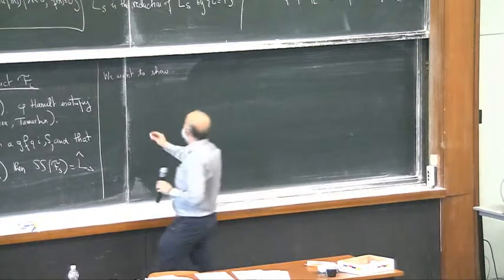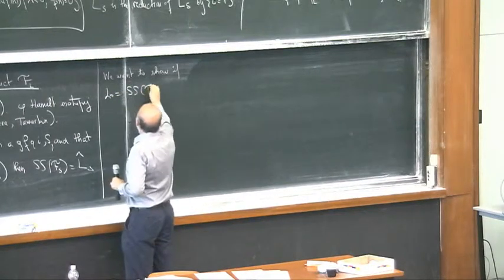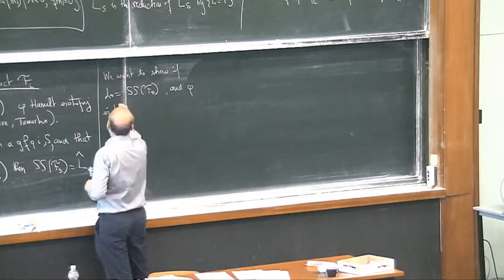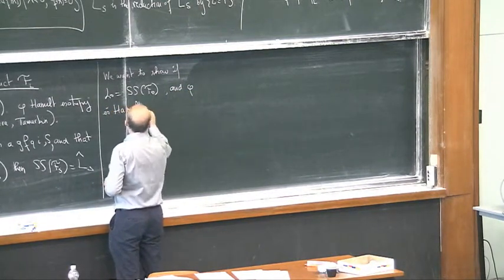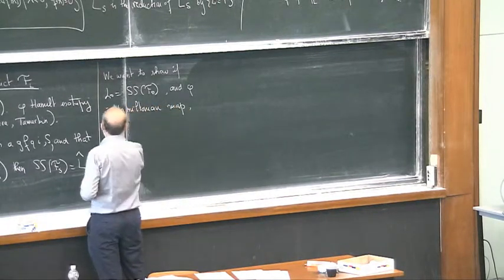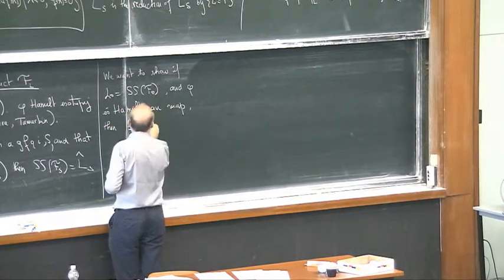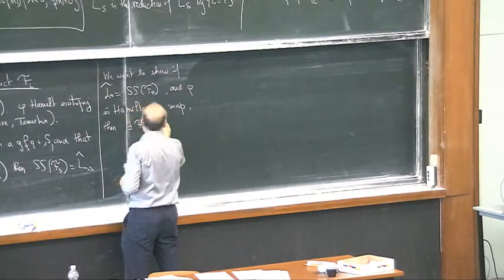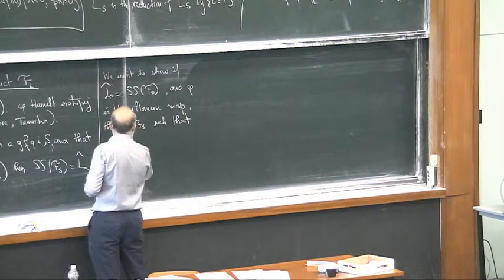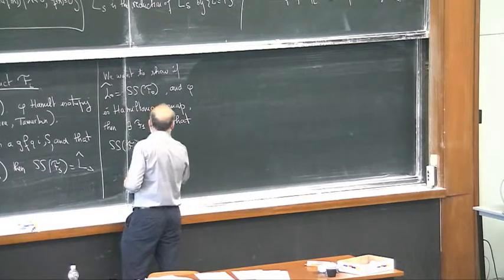So what we want to show is that if L0 is the singular support of F0, and phi is a Hamiltonian map, then there exists F1, so this is L hat 0, such that the singular support of F1 is L hat 1.